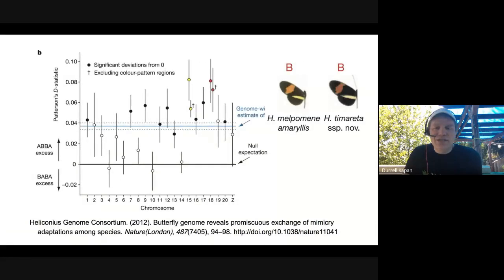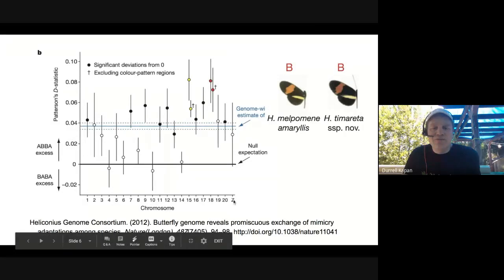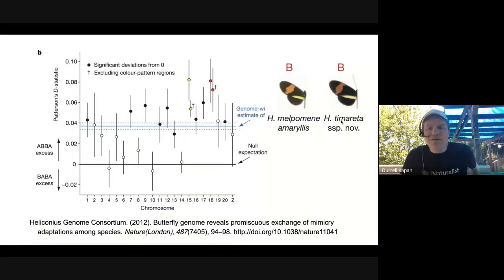In the genome paper, one of the key questions was, where do the color patterns come from when two species that are not closely related start to share warning color patterns? And here we can see the Patterson's D statistic for every chromosome, the 21 chromosomes in Heliconius melpomene and its close relative Heliconius timareta.